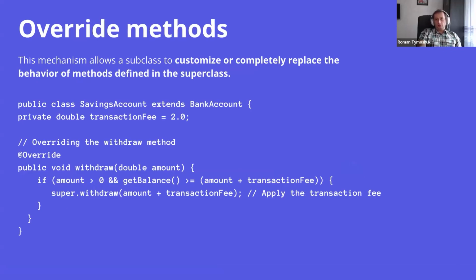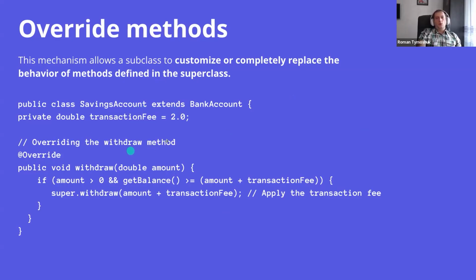And method overriding. It's one of the mechanisms tightly related to polymorphism. So we can change the way the logic of the parent class works by overriding it, without changing the structure of the main parent method. So we decided that savings accounts should have some changes, and the way we are withdrawing money should be changed.